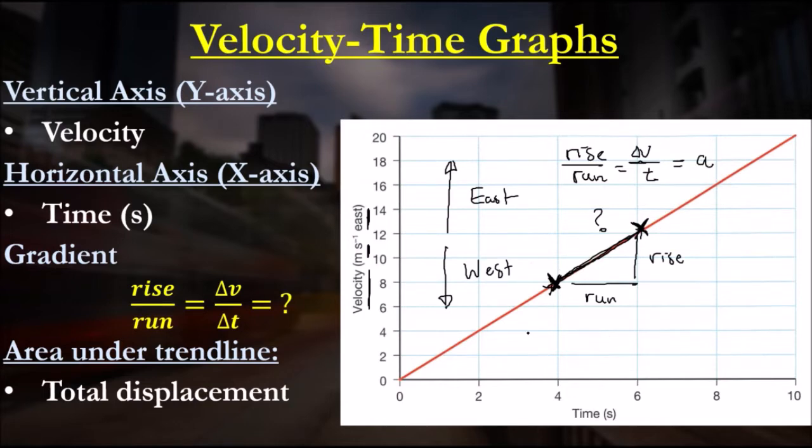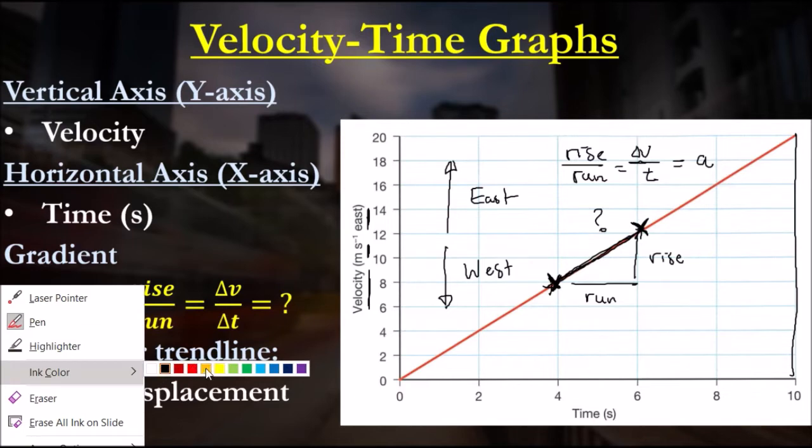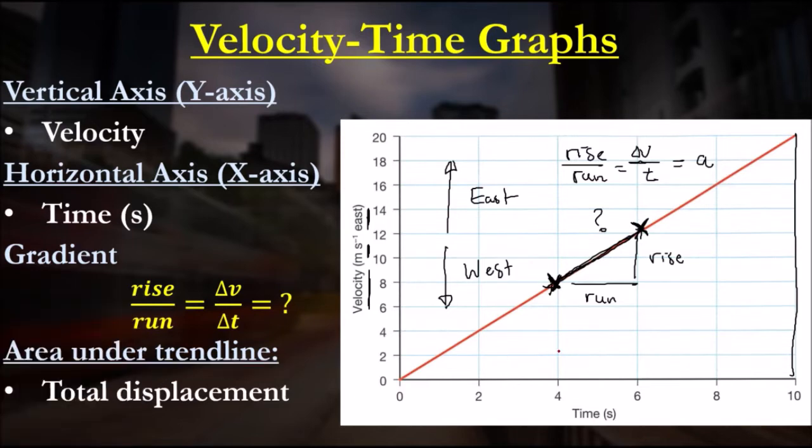The next part is, what does the area underneath this triangle tell us about the displacement? To find the area of this triangle, it's half length times height. The length we're looking at is time. The height we're looking at is velocity.